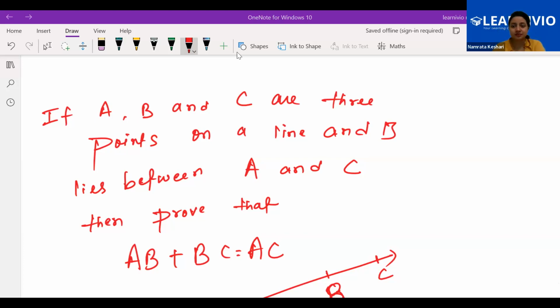Ma'am, we can use the fourth axiom because AC is coinciding with AB and BC. Okay. Fourth axiom says that things which coincide with one another are equal to one another. Okay, rest of the students, please check. Sarah has already responded. Who else was trying to respond?